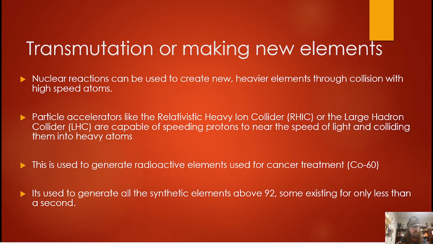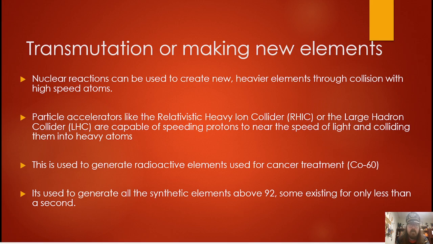But transmutation is another thing we can do. This is the one way you could actually speed up or slow down a nuclear reaction, by transmuting one radioactive element into another. You can create new, heavier elements through collisions with high-speed atoms. You could use these collisions to then cleave them into smaller atoms as well.